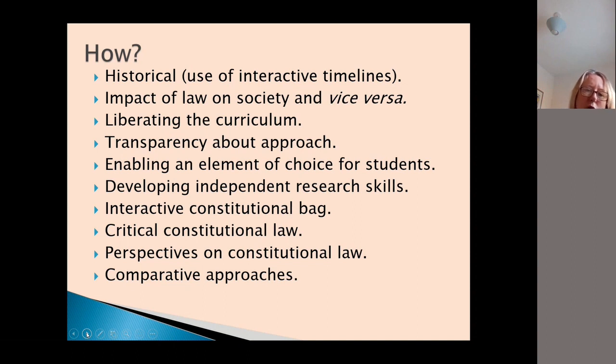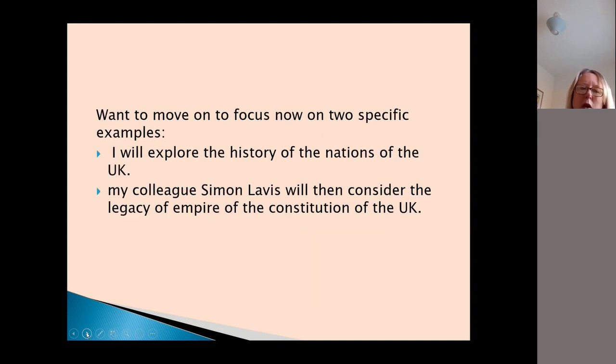It's very much a critical approach and taking different perspectives, and also doing some comparative work by, for example, considering the approaches of constitutions in India, in Ecuador, and looking at whether those approaches could be ones that we could think about in terms of the values and rights.